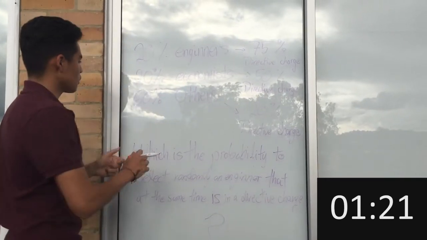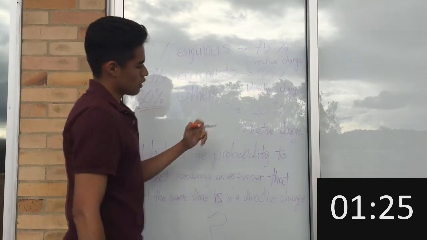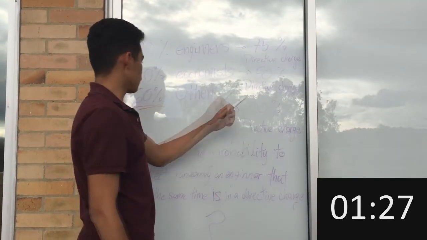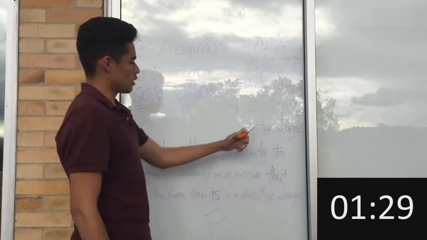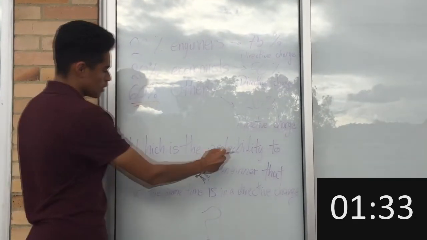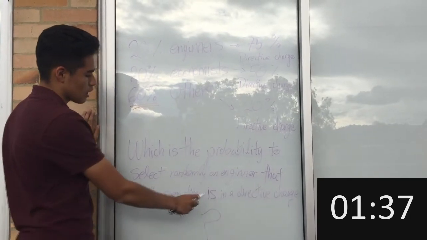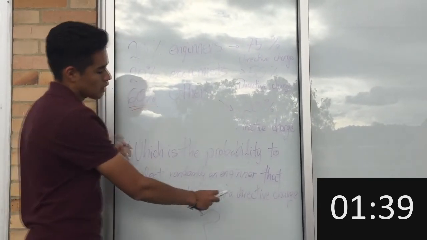The other employees are 60%, and of this 60%, some have a direct charge. The question is: what is the probability of randomly selecting an engineer who at the same time is in a direct charge?